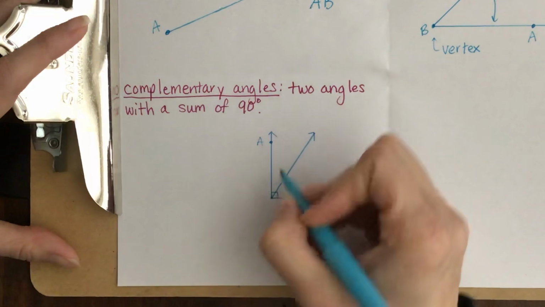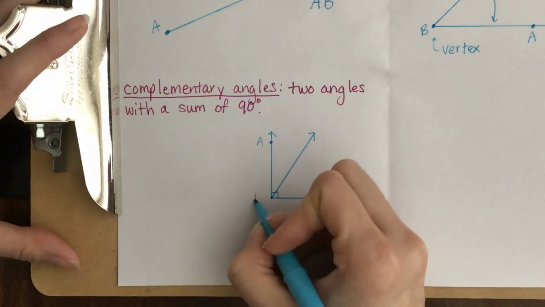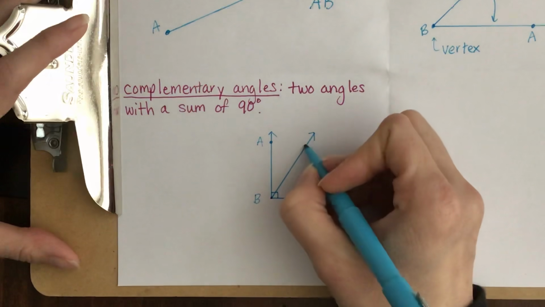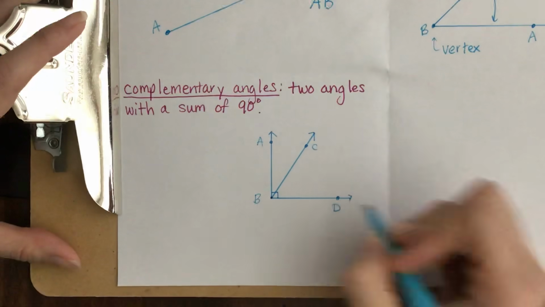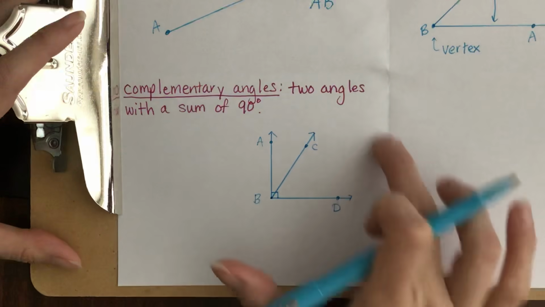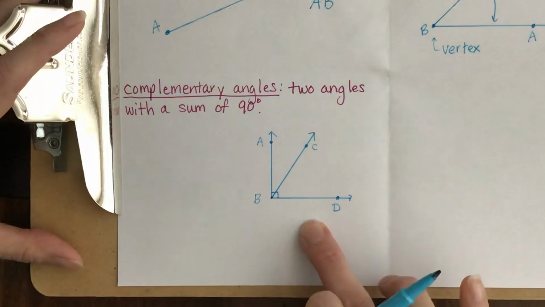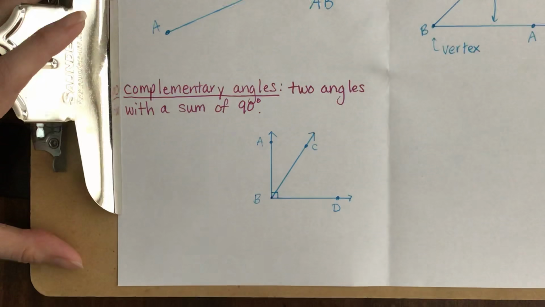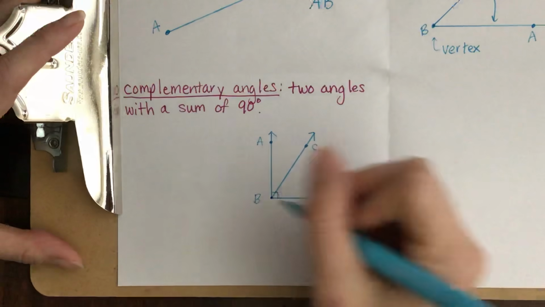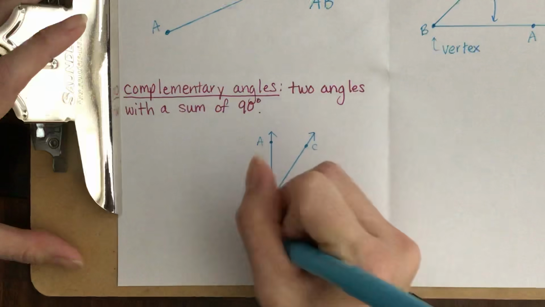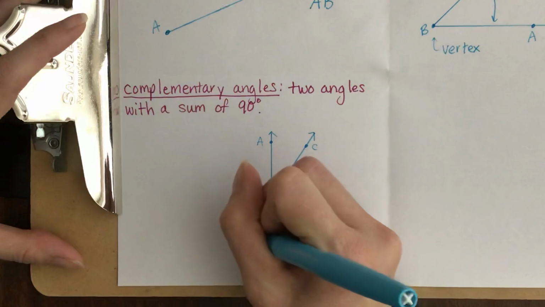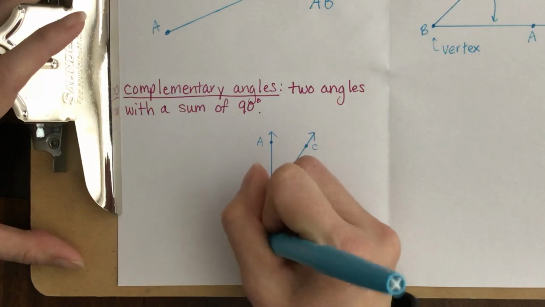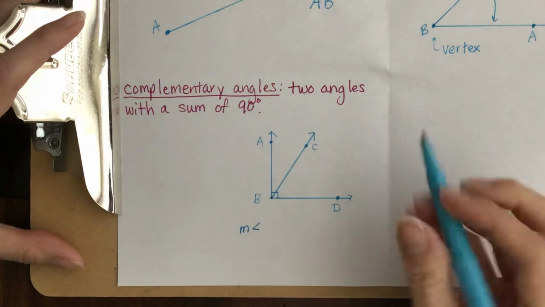And we're also going to give this a name. This is going to be A, B, C, and D. So when these 2 angles are complementary, they add up to 90 degrees. So let me show you what this looks like. When we're talking about the measure of an angle, instead of just putting that angle symbol, we're going to start with an M. We're going to say the measure of angle.